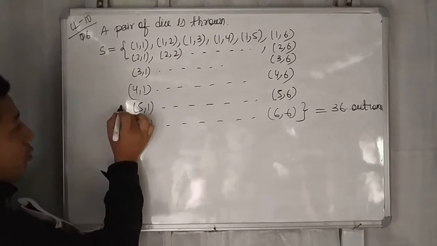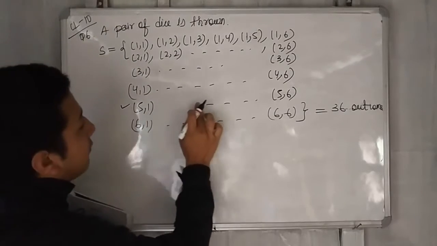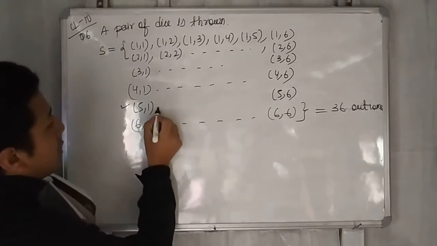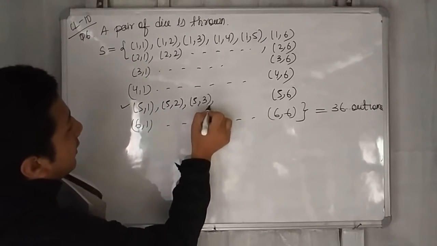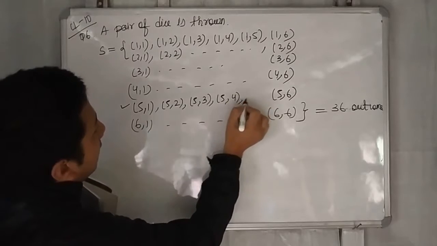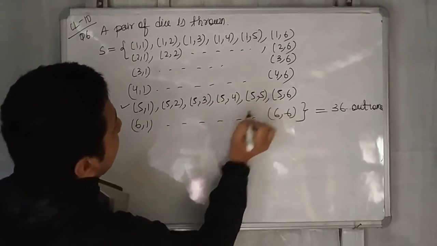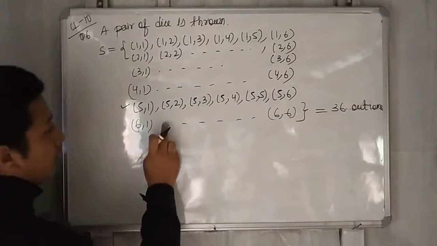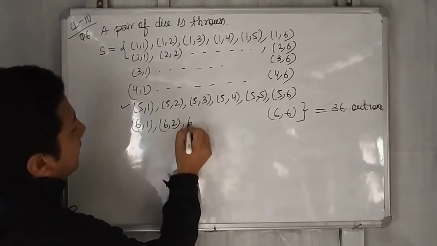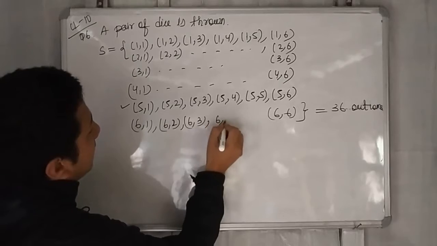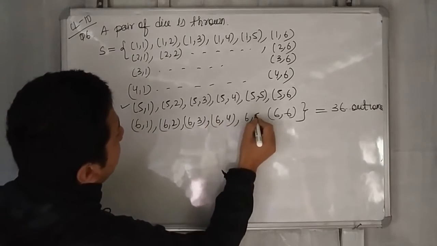So this row. I'll just fill up all the chances out here: 5, 1, 5, 2, 5, 3, 5, 4, 5, 5. Once more this one also: 6, 1, 6, 2, 6, 3, 6, 4, 6, 5.